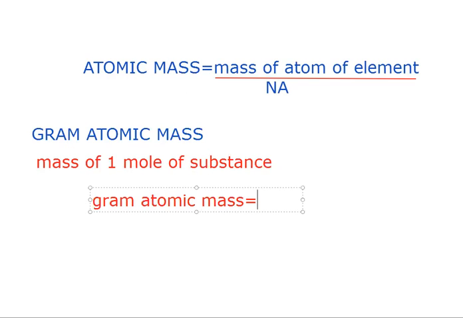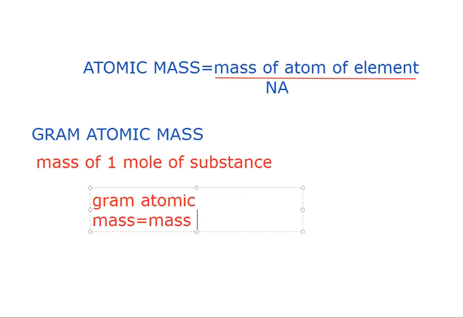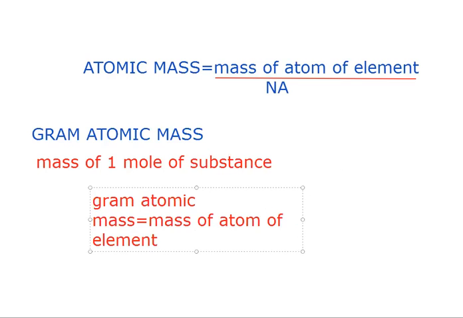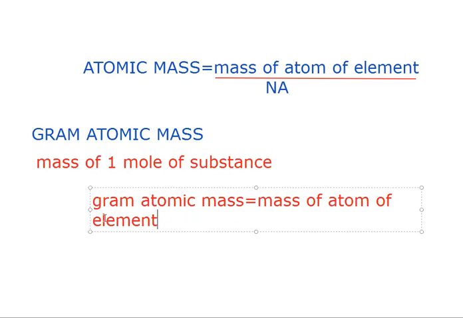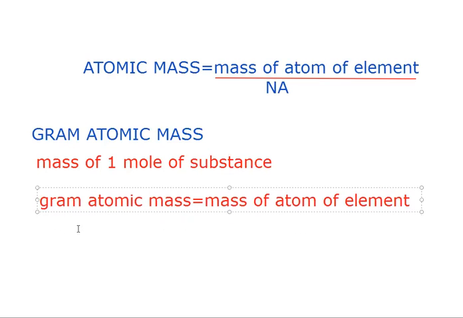So this gram atomic mass can be written as the mass of an atom of an element.